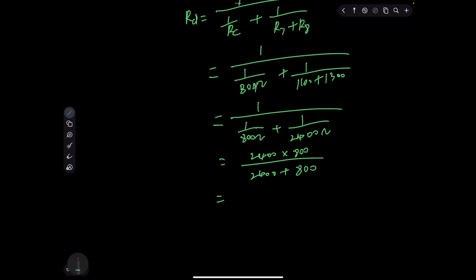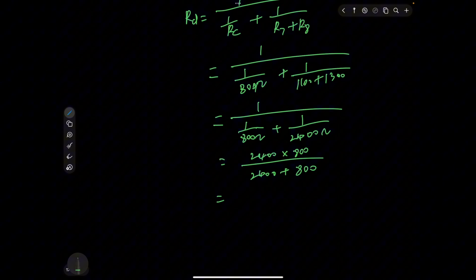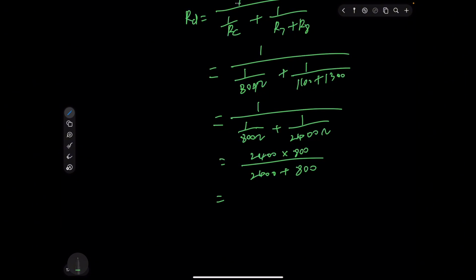So 24 times 8 is 192,000, divided by 3200. That would be 600 ohms.